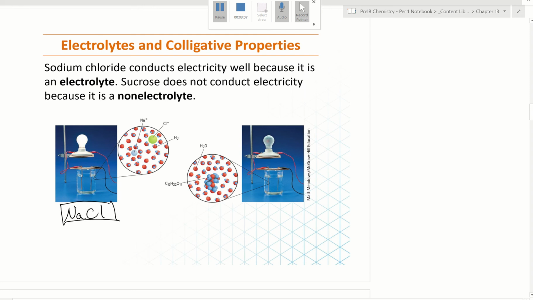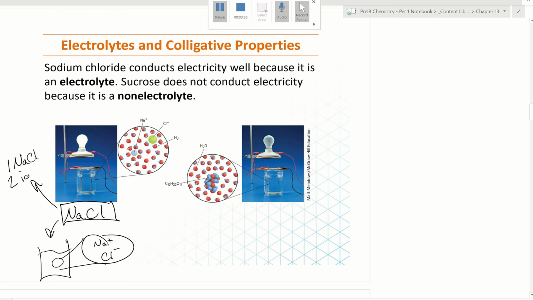If I place a sample of sodium chloride into water and zoom in, I would have sodium ions and chlorine ions floating around. What's important is that one NaCl is actually two ions: one for the sodium and one for the chlorine. Together that makes two ions.